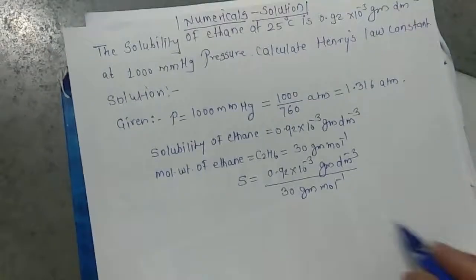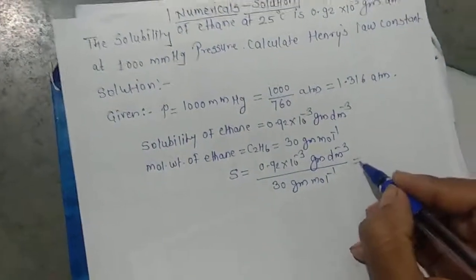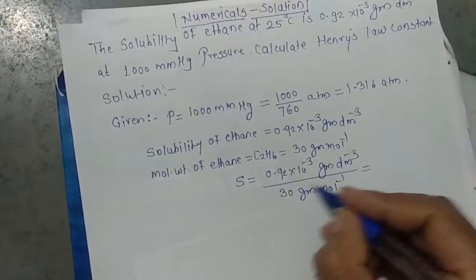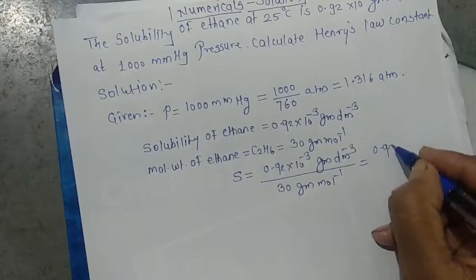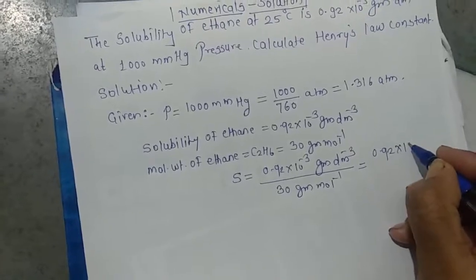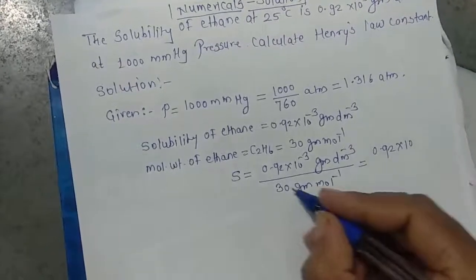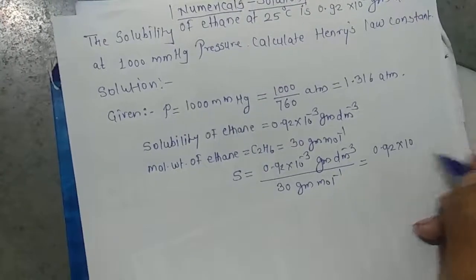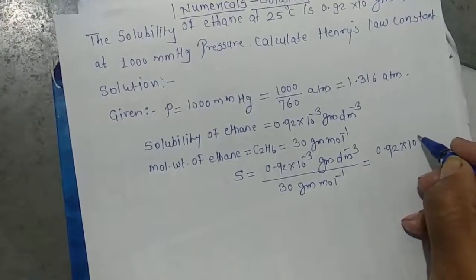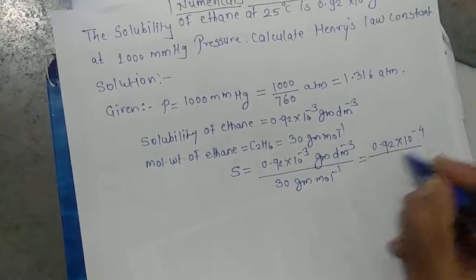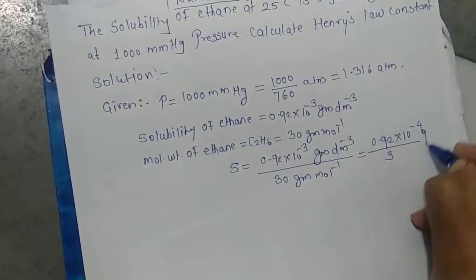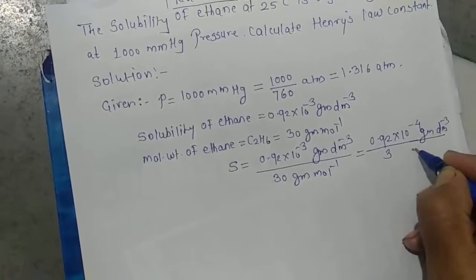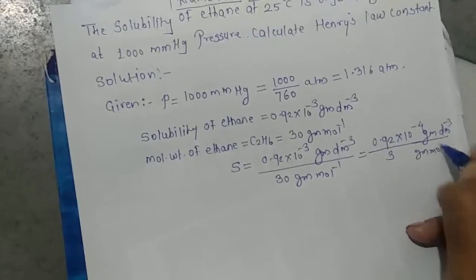When this is simplified, we get 0.92 upon 3 into 10 raised to 1, so that 10 raised to 1 on the upper side becomes 10 raised to minus 4, upon 3, gram per dm cube upon gram per mole.